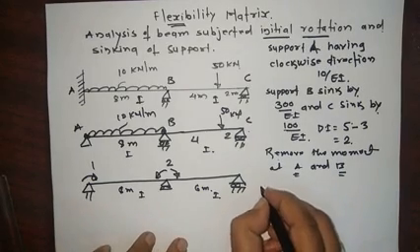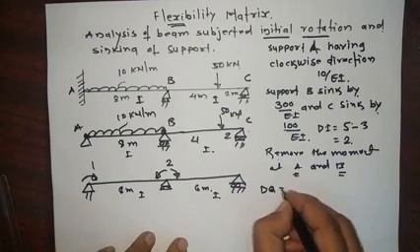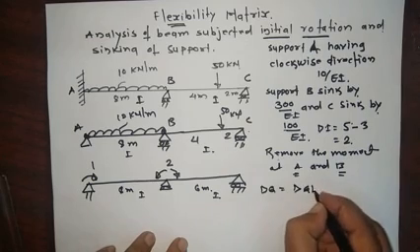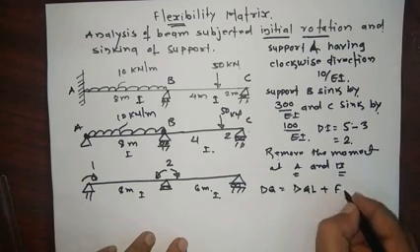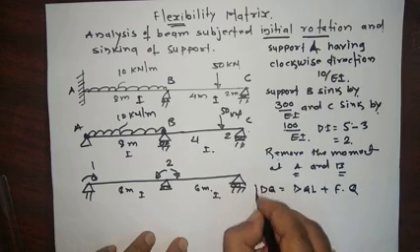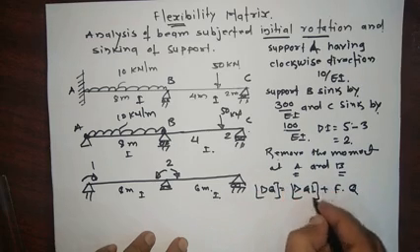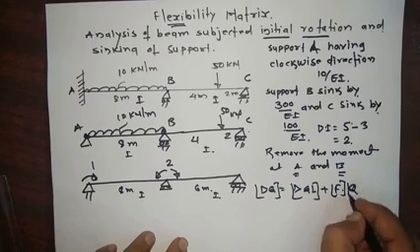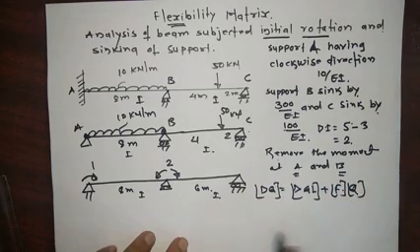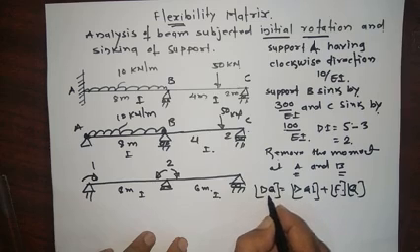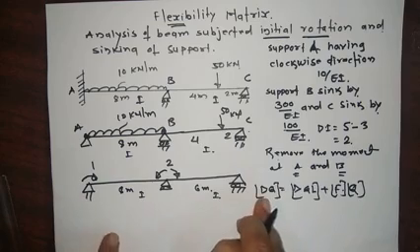Now our basic equation is Dq is equal to Dql plus F into Q. These all are matrices, Dq matrix, F matrix, Q matrix and Dql matrix. Now Dq is nothing but the initial rotation at the coordinates where we remove the forces.